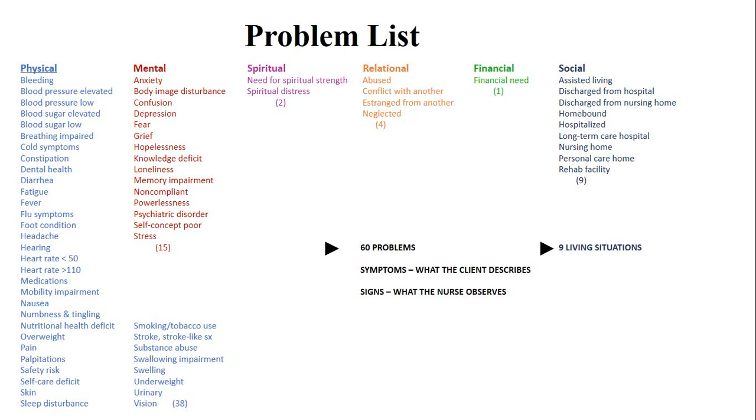All these, it's understandable. It's not an esoteric type of language that only nurses would understand. So that's why we did it, and I just wanted to explain that a little bit.